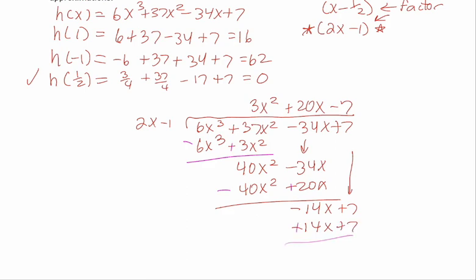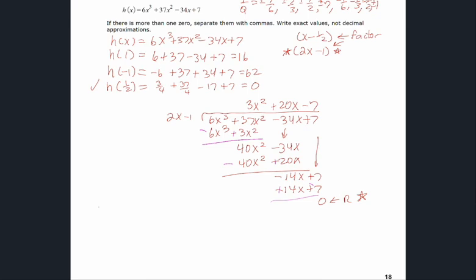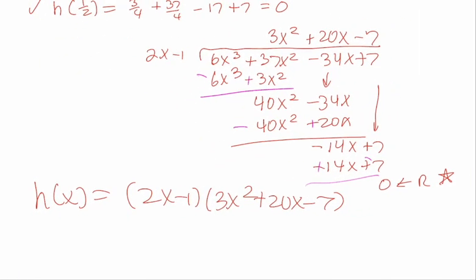So change the signs of both and add up. And we do indeed get a 0 remainder. That's what we're looking for. Okay. So what we have just learned is that h of x is 2x minus 1 times 3x squared plus 20x minus 7. That's what we have just learned.